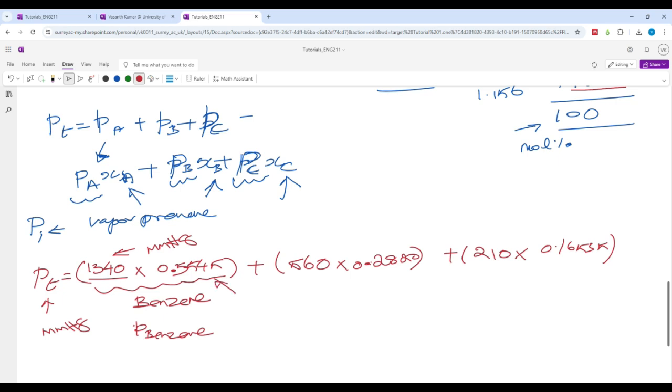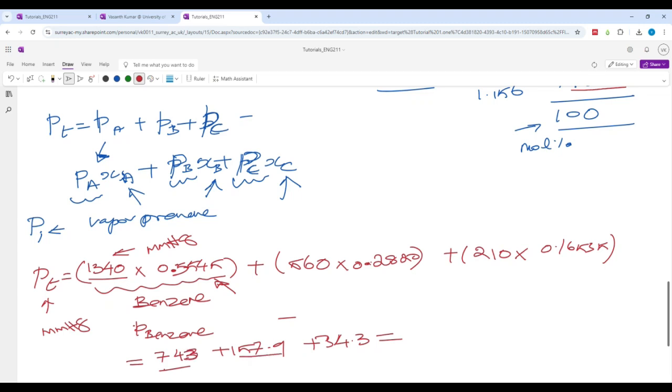Obviously mole fraction has no units. If you sum all these values, I already calculated these values, but you can cross check in case I made some mistake. This is the partial pressure of benzene, 743.